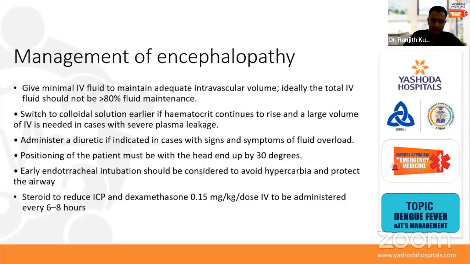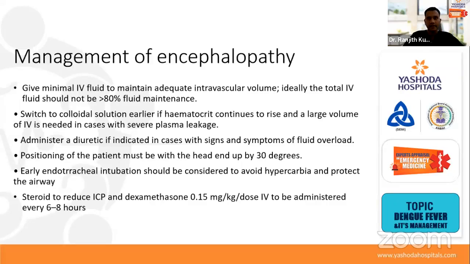In patients presenting with encephalopathy, the total IV fluid shouldn't be more than 80% of the maintenance. And switch to colloids instead of crystalloids if hematocrit continues to rise in spite of large IV fluid boluses.